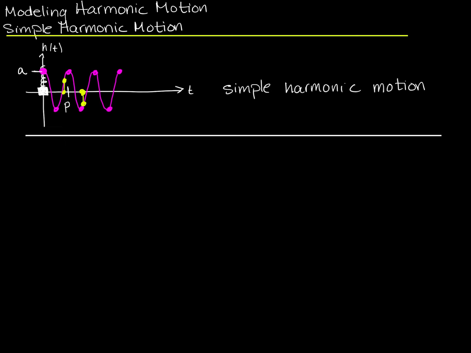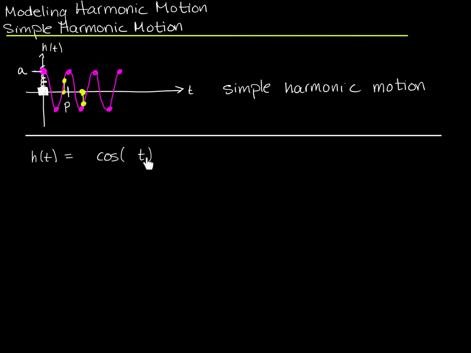So with that in mind, we can write the equation of this function as h of t is some cosine of t. We've decided that there's no vertical shift and there's no horizontal shift, so I don't need to put a minus c or a minus d.